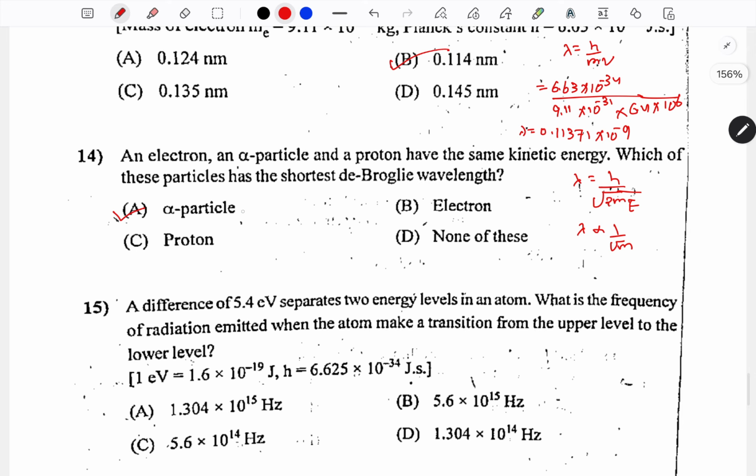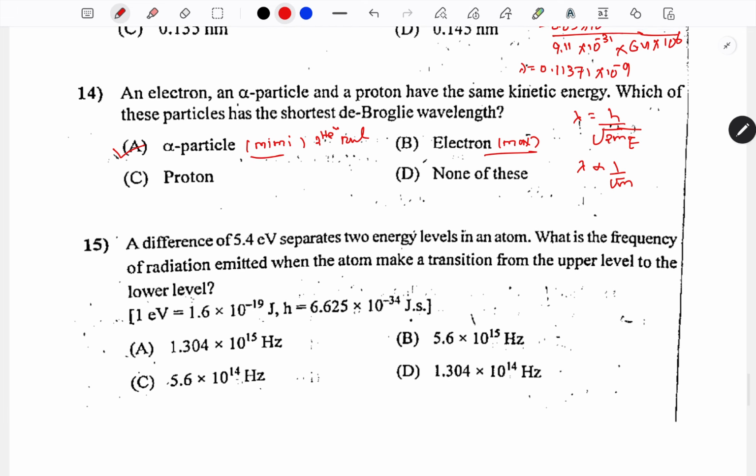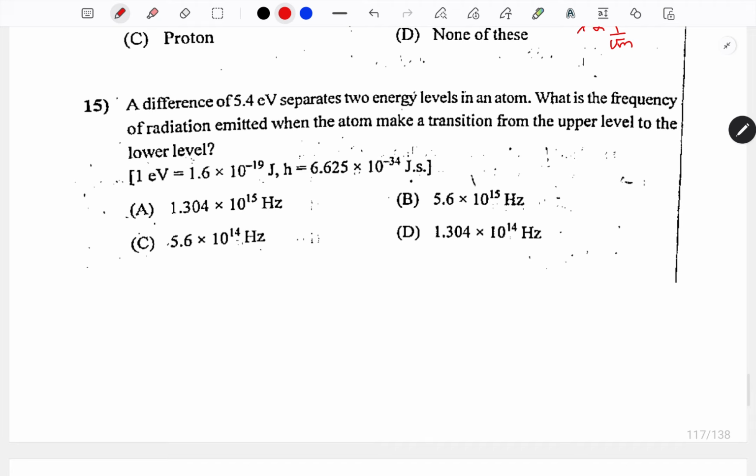Alpha particle wavelength is minimum because alpha particle mass is maximum, 2He4, helium nucleus, and electron wavelength is maximum. So according to this, answer is A. Now let's see in the next question what it says.